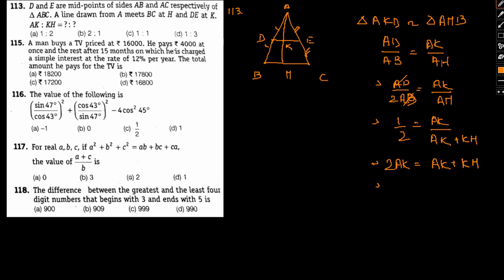So therefore twice AK equals AK plus KH. So therefore AK equals KH. That is, the ratio is 1:1. So option C will be the answer. I hope this is clear to you how we came about with the solution of the same. If that's clear, we'll move on to the next question.